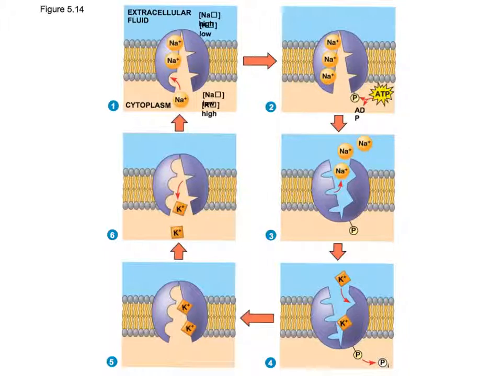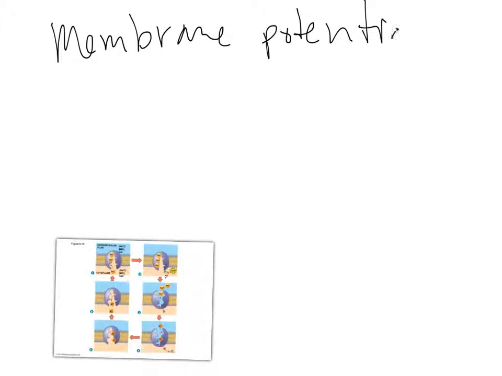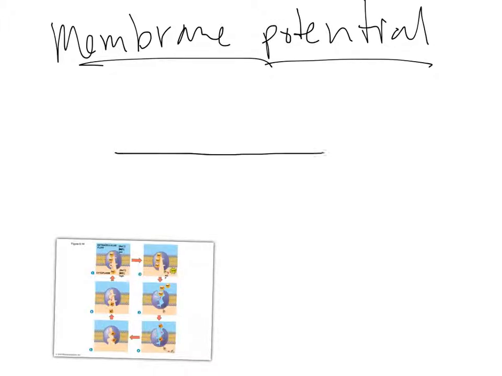What this does, all right, now it develops what we call a membrane potential. What do I mean by membrane potential? What happens, so here's our membrane. I'll just do it small. Here's our transporter.